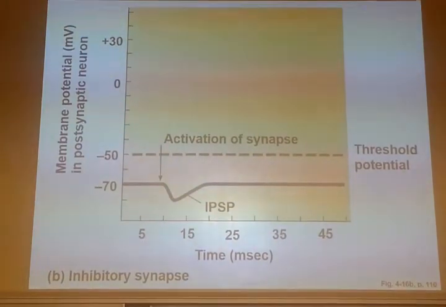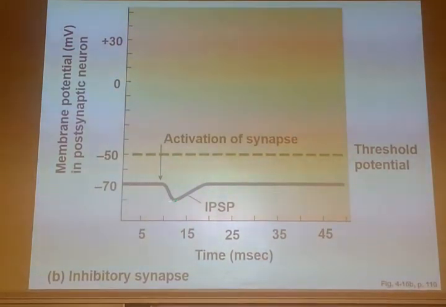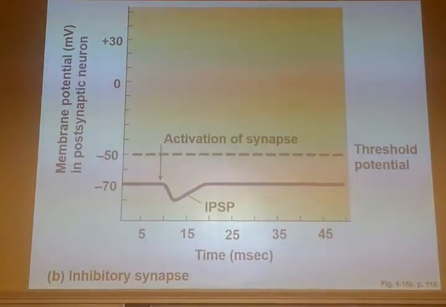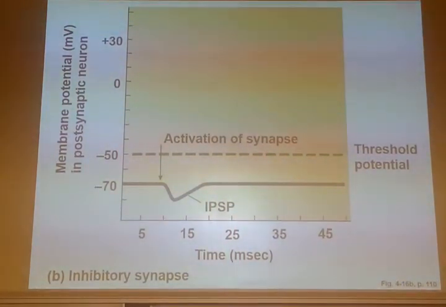You do that by bringing in 20 millivolts of positive charge. If you're down at minus 80, you now have to bring in 30 millivolts of positive charge to get to threshold. So you're less likely to have this postsynaptic cell create an action potential when it's going to take more positive charge just to get to threshold.